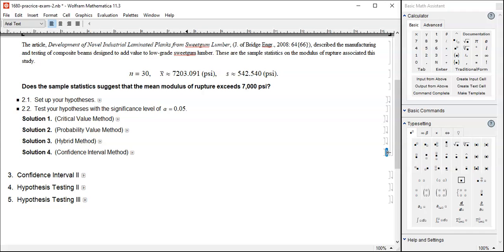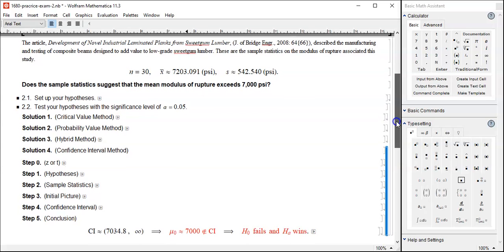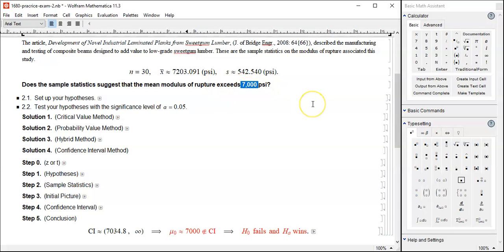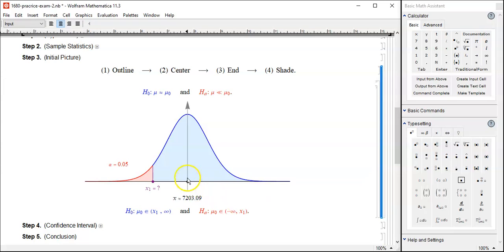Confidence interval method. Let's see. If you're not interested, you'll probably end up cutting off this video, but let's talk about it anyway. Just find the one-sided confidence interval, and then find out whether 7,000 falls into that confidence interval or not. It's a confidence interval problem that we did exactly as in problem 1. It is centered at the observed mean, so you draw a picture like this, 7,203, and then find the lower confidence bound.